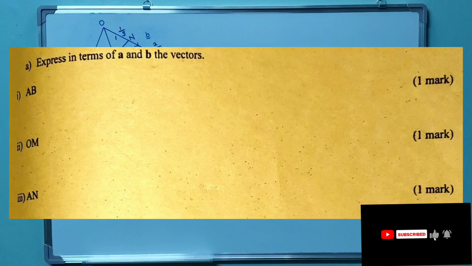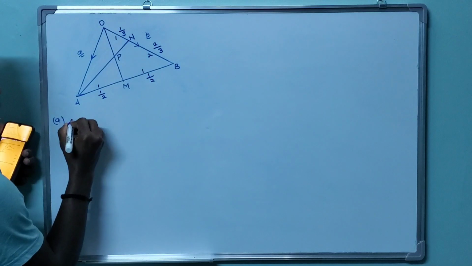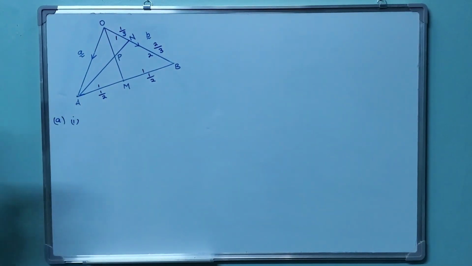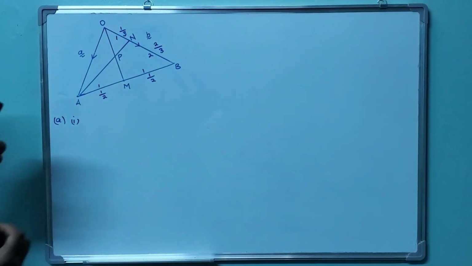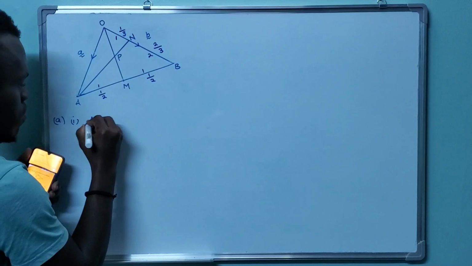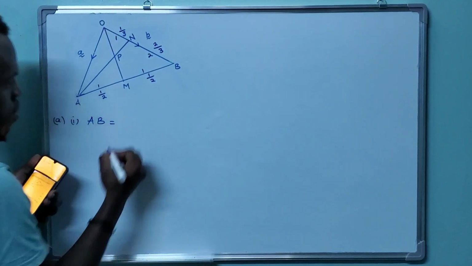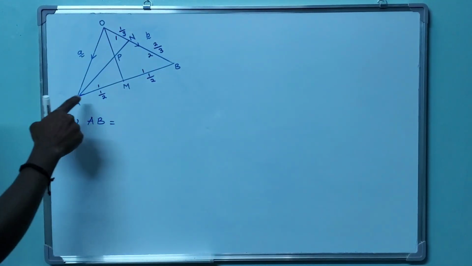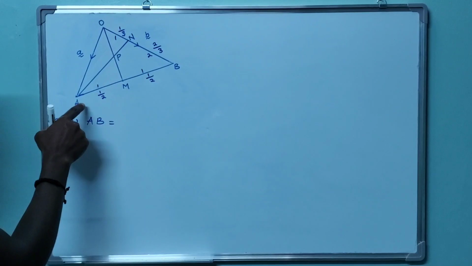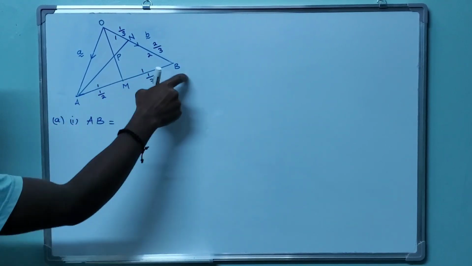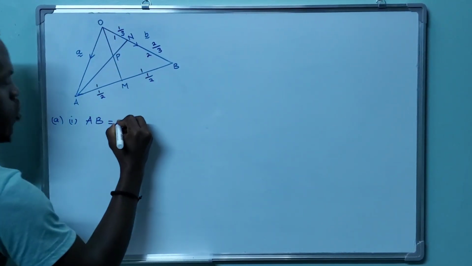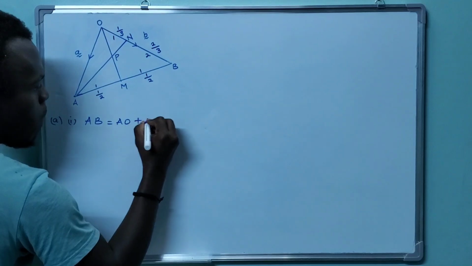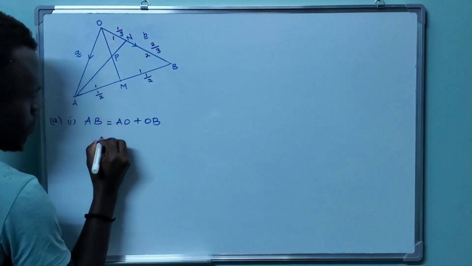Then you're being told to express in terms of vectors A and B. So part A, Roman 1: you're being told to express AB in terms of A and B. If I want to go to AB, I'll go to AO plus OB.